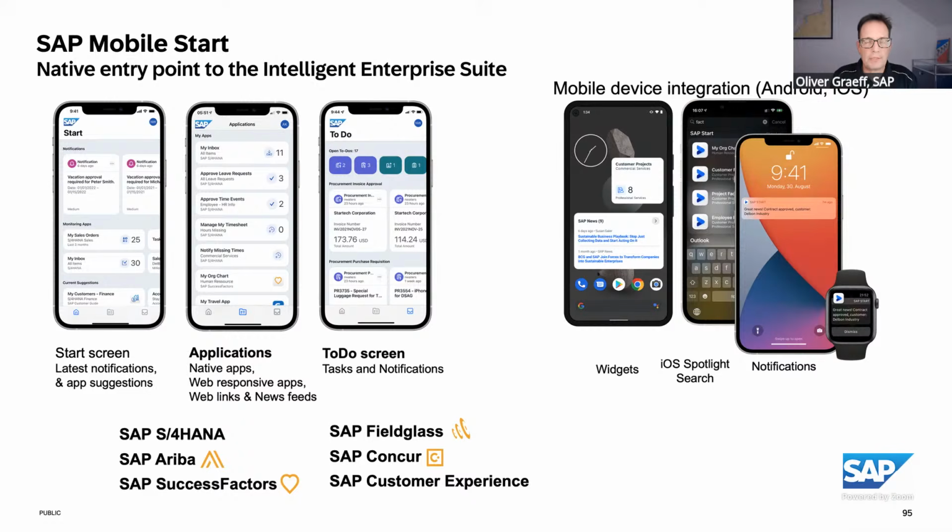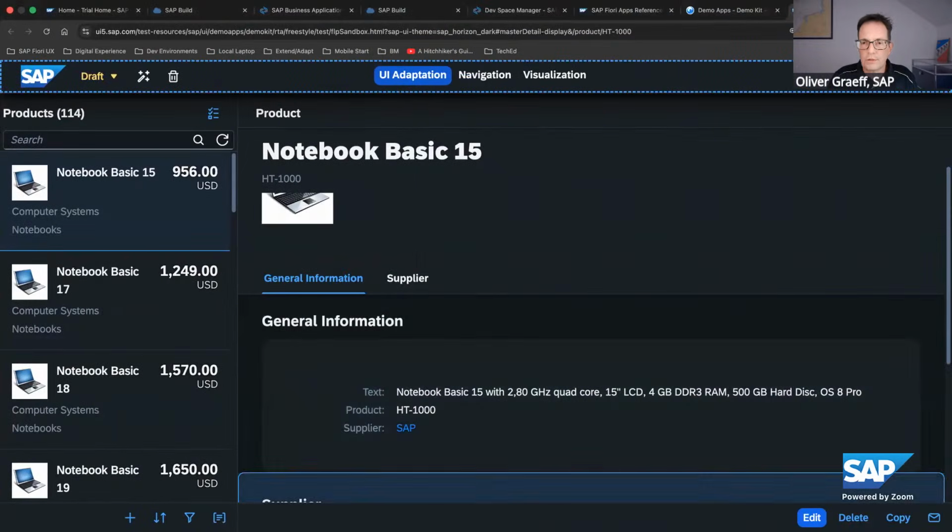We looked at SAP Start on Tuesday, and this is the mobile equivalent. So you have a native mobile technology integrated into your respective mobile operating system to launch the applications. And maybe I can just quickly show that.